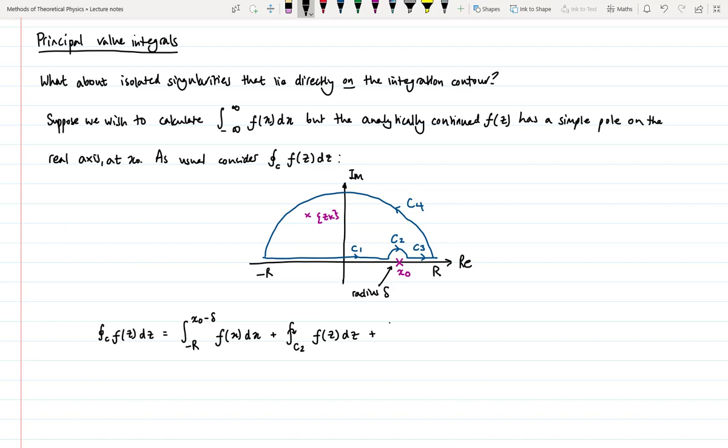The contribution along C3 is again along the real axis. The lower limit is x naught plus delta. The upper limit is r. This is going to be the integral of f of x dx. And the last contribution is the contribution from the large semicircular arc at the top, traversed anti-clockwise. That's C4, and that's the integral of f of z dz. From the residue theorem, we know that this contour integral is going to be given by 2 pi i times the sum of the residues at the enclosed singularities that we've labelled as the points zk.